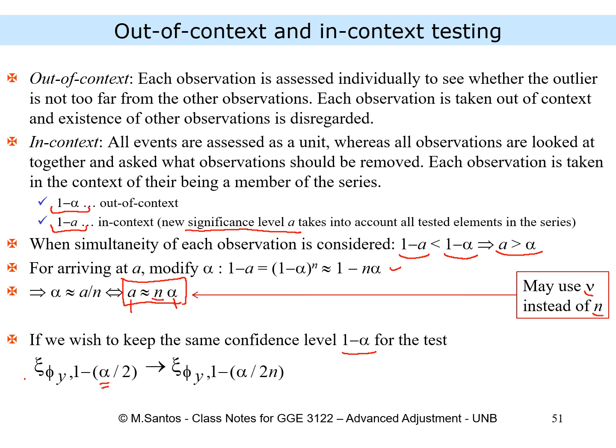We use this relationship, and instead of using alpha here, we're going to use alpha divided by 2n, because alpha relates to n by 1 over n.